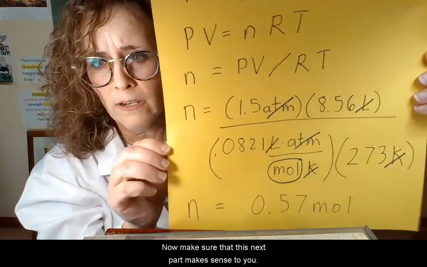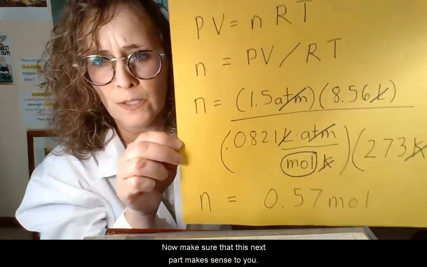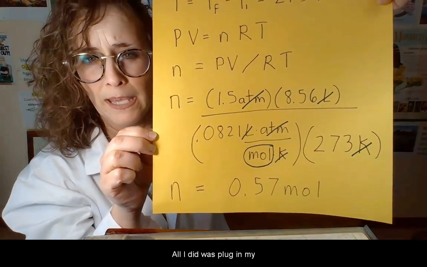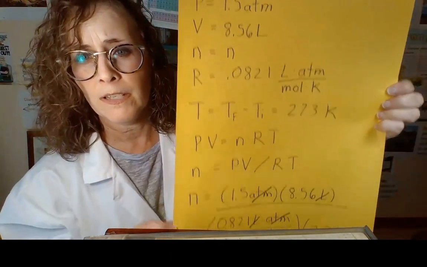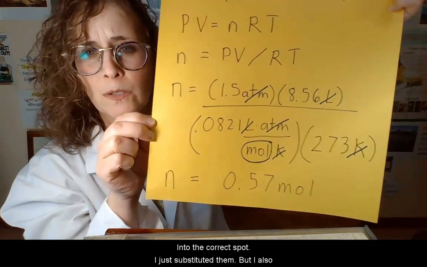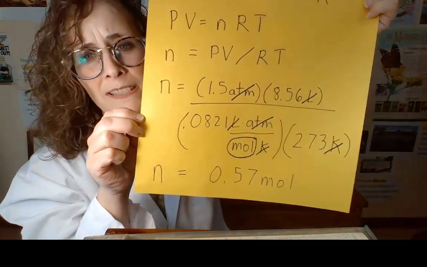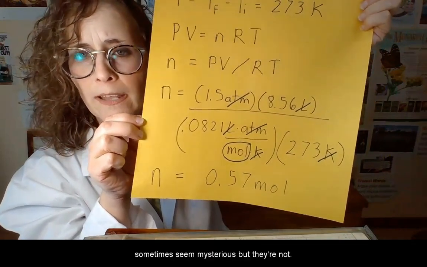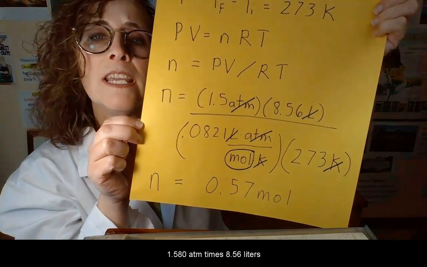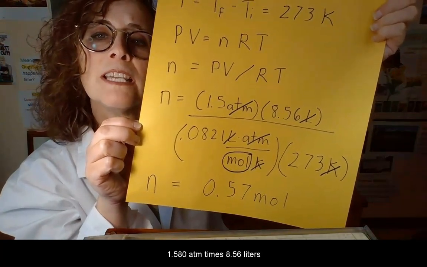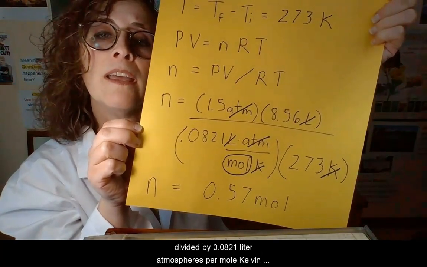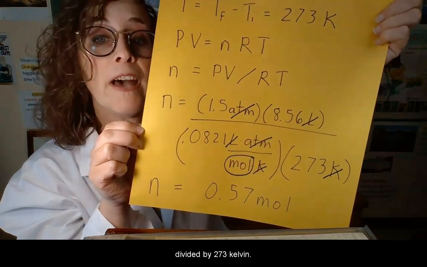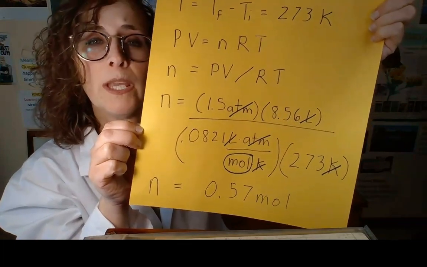Now make sure that this next part makes sense to you. All I did was plug in my variables from up here into the correct spot. I just substituted them. But I also canceled out units for you because the R units sometimes seem mysterious, but they're not. 1.5 ATM times 8.56 liters divided by 0.0821 liter atmospheres per mole Kelvin divided by 273 Kelvin.